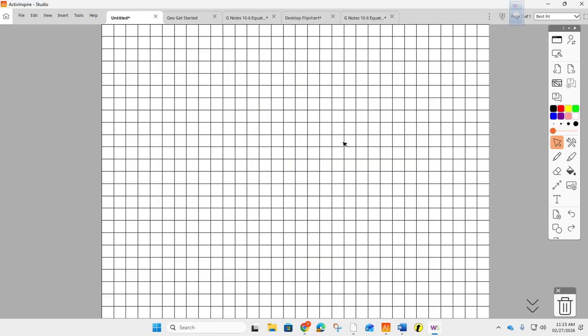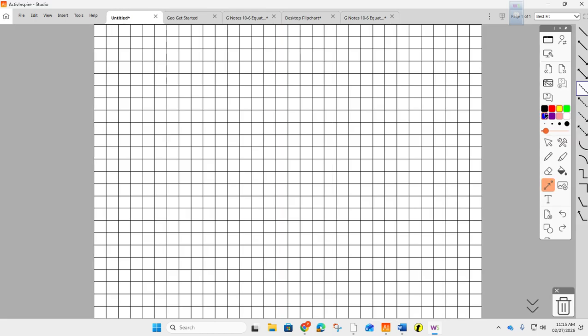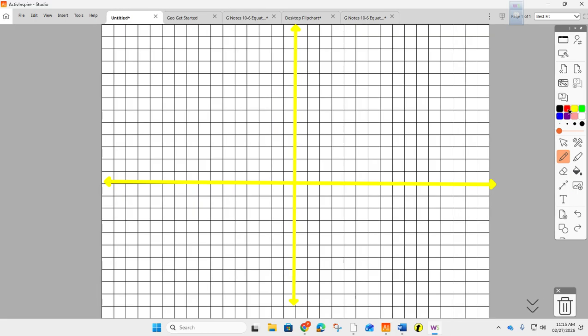Okay. So if I have the origin on our coordinate plane, I do not want yellow, and I cannot get yellow off for some reason. To the origin right there. And so we know that's the center of the circle, and we know that the circle goes to the point 0, 8.